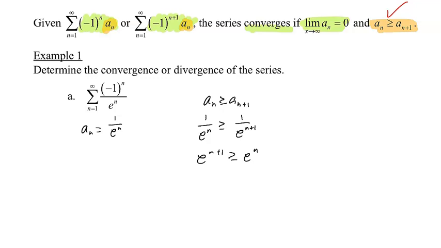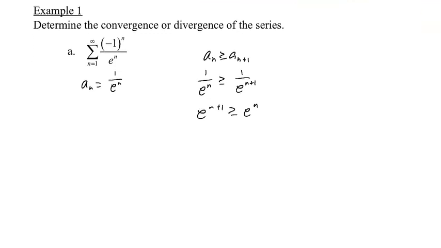Now I really just need to check if the non-alternating part goes to 0. If I take the limit of this, it will indeed go to 0, because that's 1 over e to the infinity. So I'm just going to get into my statement. Since a sub n is greater than or equal to a sub n plus 1, and notice I do make the statement that a sub n is equal to 1 over e to the n.